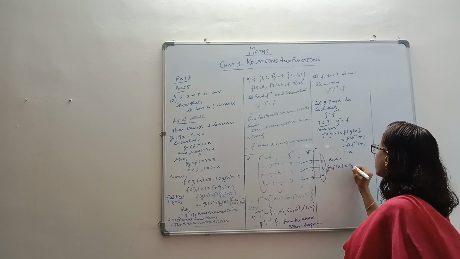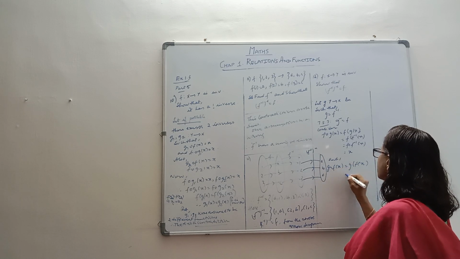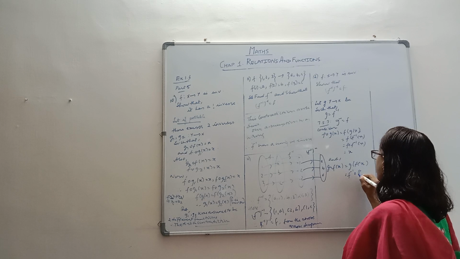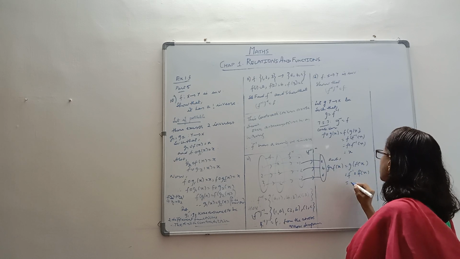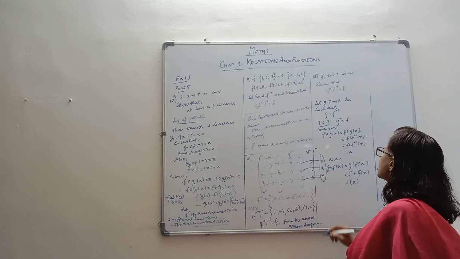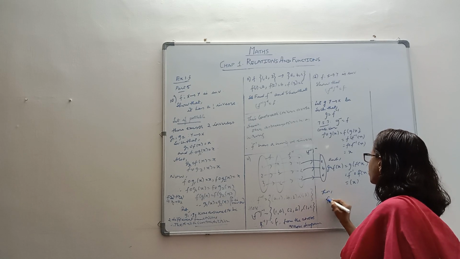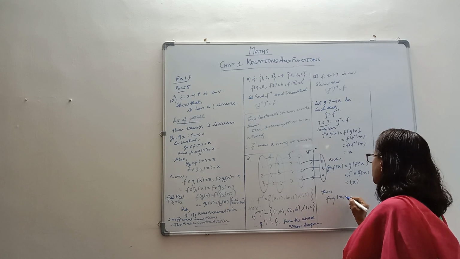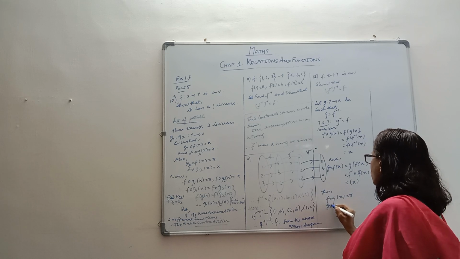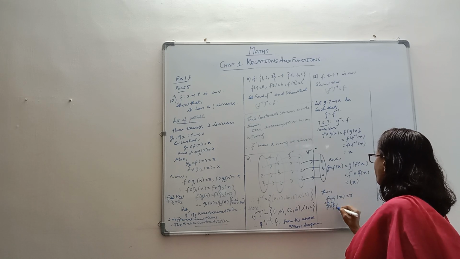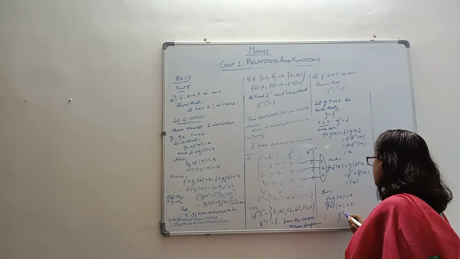So g o f of x means g of f of x. That means f inverse of f of x actually. So that is identity x. Thus f o g of x is x and g o f of x is x. So therefore g inverse is f.